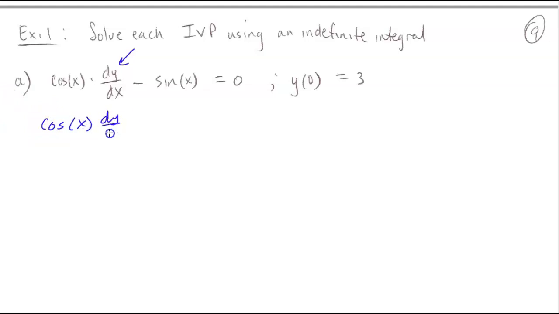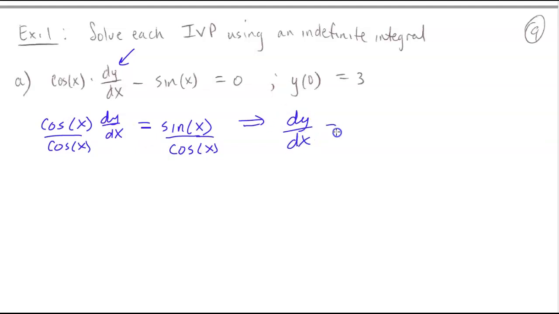If we add sine x to both sides, and then divide both sides by cosine, we have dy over dx is equal to tangent x, okay? And so from here, dy is equal to tan of x dx.